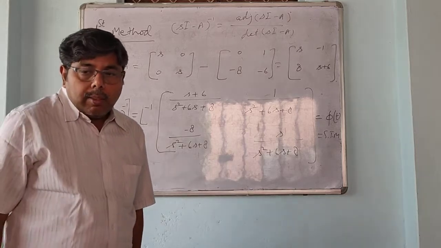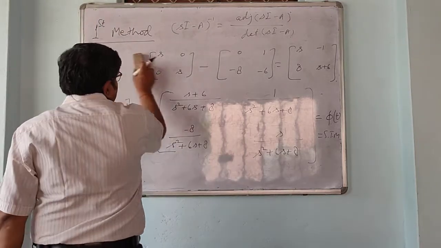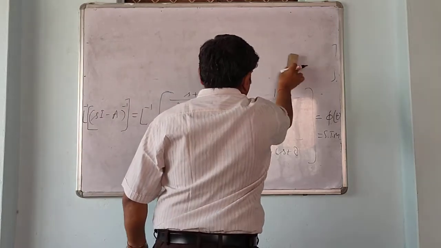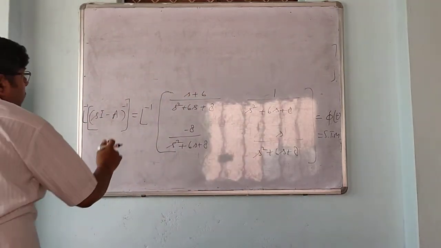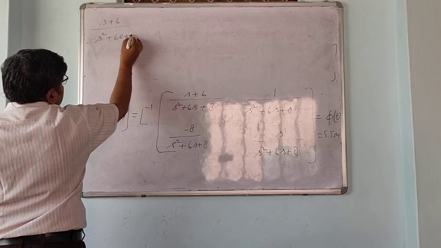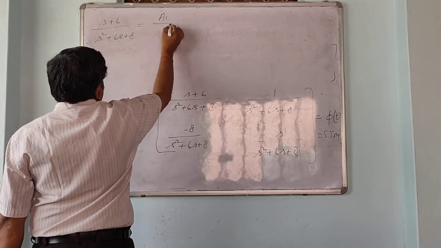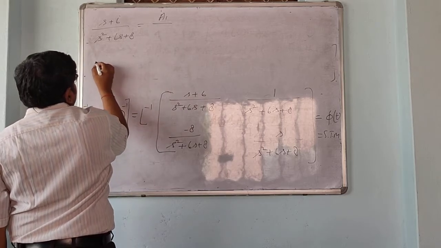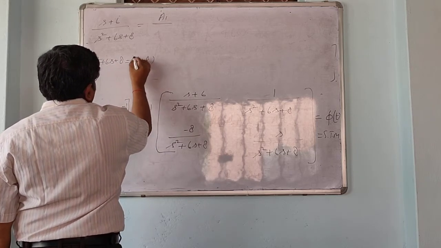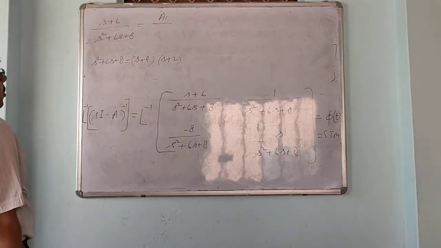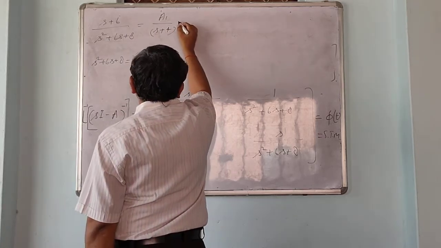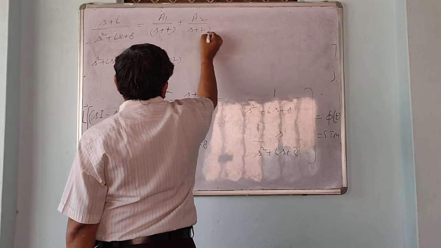To find the Laplace inverse, we will find partial fractions. Suppose this term is a1 upon s plus 4 plus a2 upon s plus 2, where we factorize s square plus 6s plus 8 as s plus 4 into s plus 2.